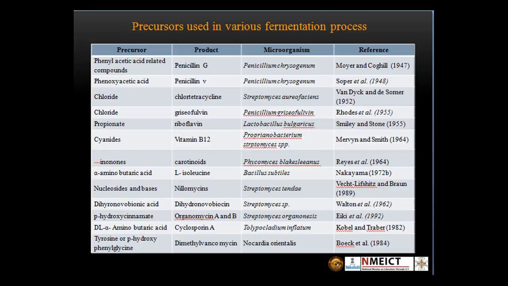Chloride is also used for the production of griseofulvin. Propionate is used as a precursor in riboflavin production. Vitamin B12 production requires cyanide as a precursor. Carotenoid production requires beta-ionone as a precursor.